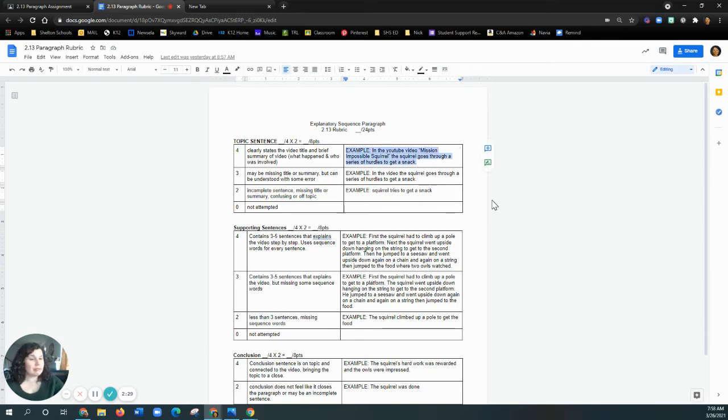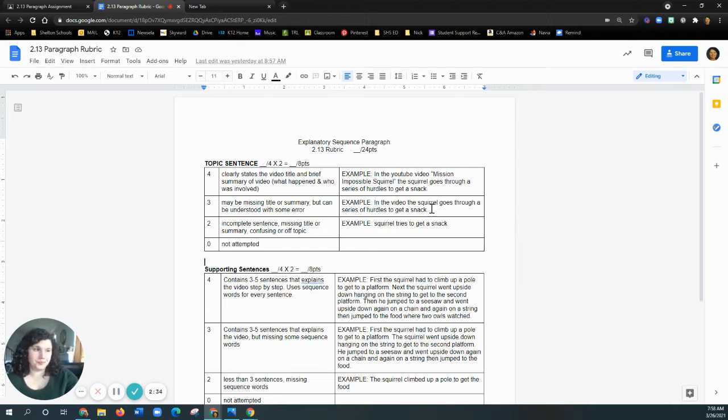This is actually a student example from an earlier period. And what they did in their topic sentence, in order for them to get a 4, they need to state the title and explain a little bit about what happens. And so that's where we ended on Monday, was with your topic sentence, with picking your video. And then when you do your topic sentence, you say, what video did you pick and what is it about?